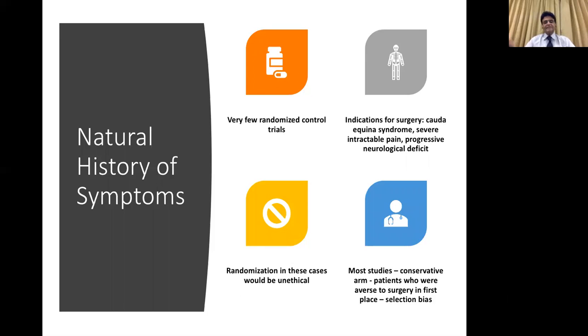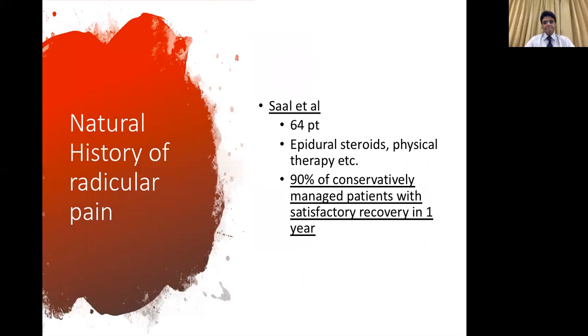So there is a selection bias, and hence you cannot really randomize these patients. It would be unethical to force an unconvinced patient into surgery or deny surgery to a patient with neurological deficit. Hence, there is no such randomized study really available. But 90% of patients managed conservatively have fairly good results in 1 year.